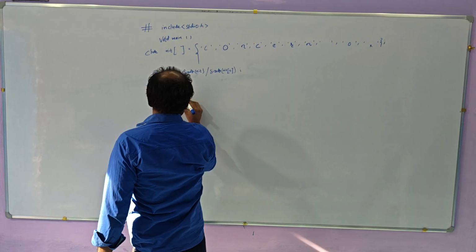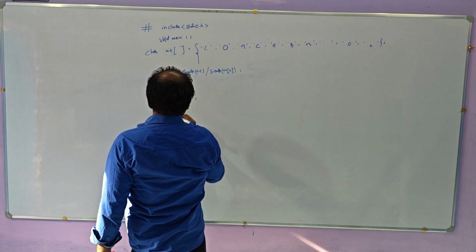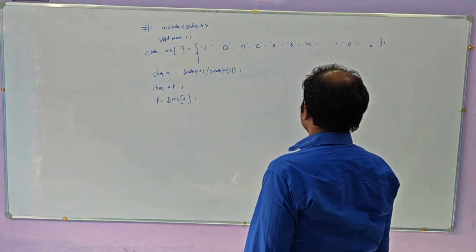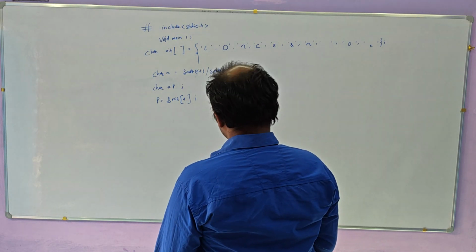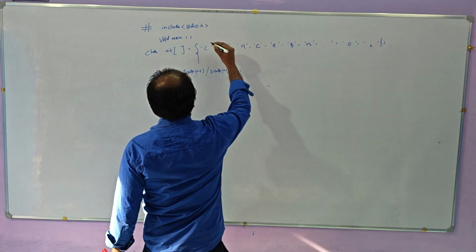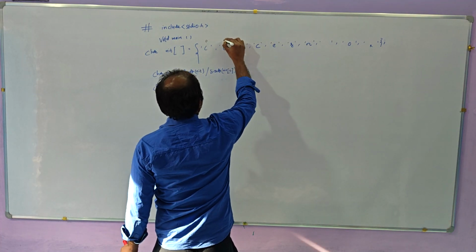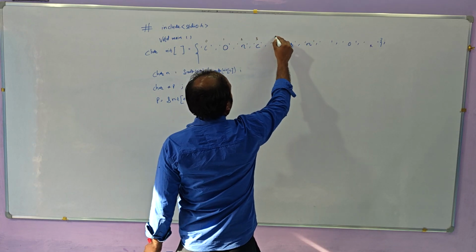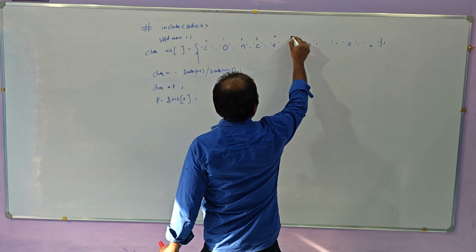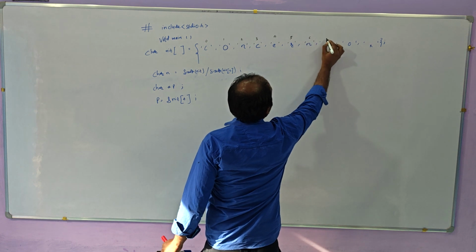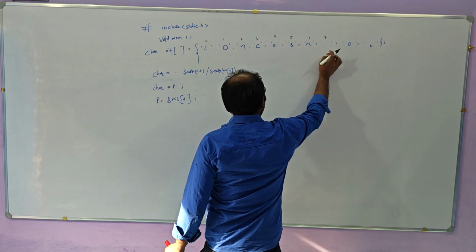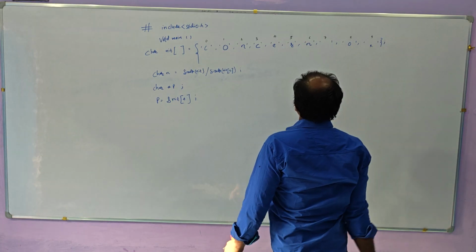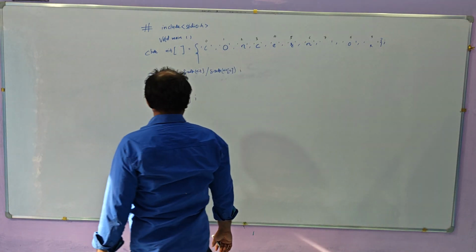So we need to mention 4. Now this is the index of elements: 0, 1, 2, 3, 4, 5, 6, 7, even space is included, 8 and 9. We have a 9 index.